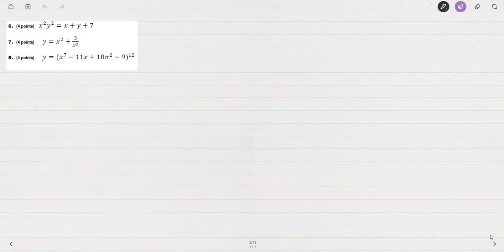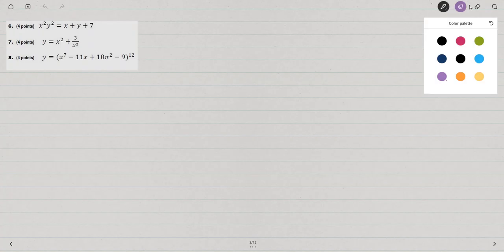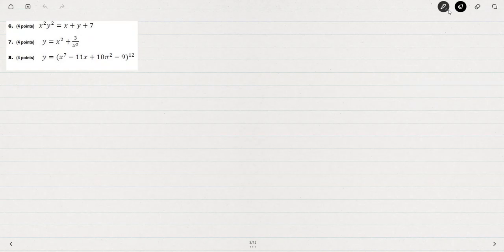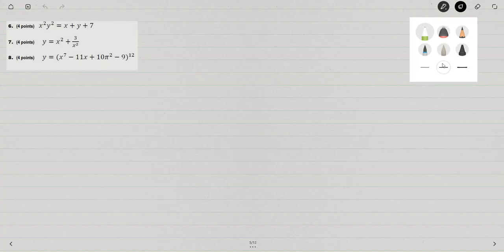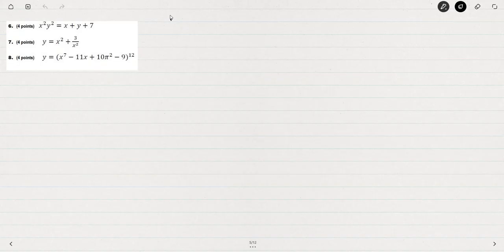Number 6 through 10 or so ask us to do the derivatives. So let's look at each of these derivatives. This first one, I did say that this would be on the test. It's an example that's asking us to use implicit differentiation. So I'm going to start by using the product rule.